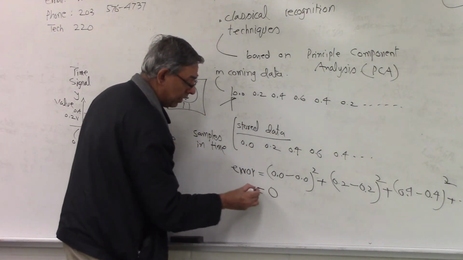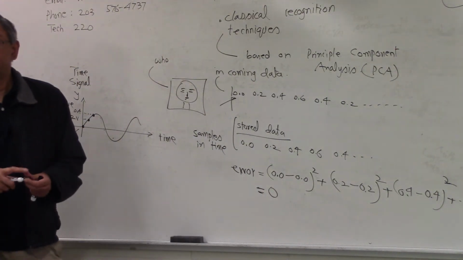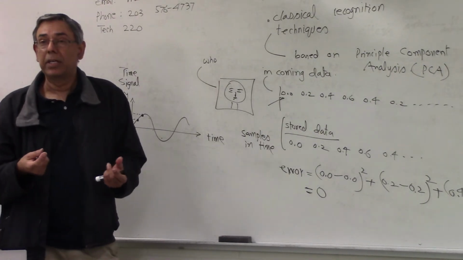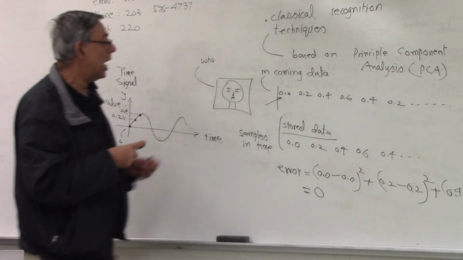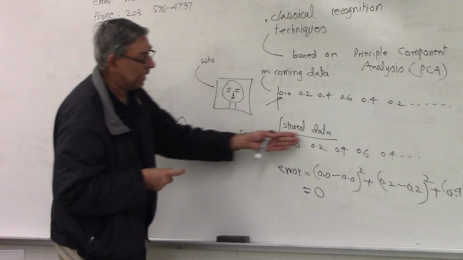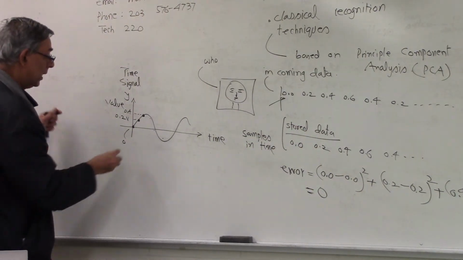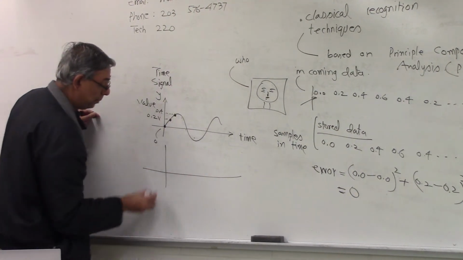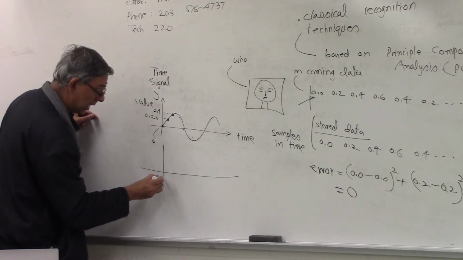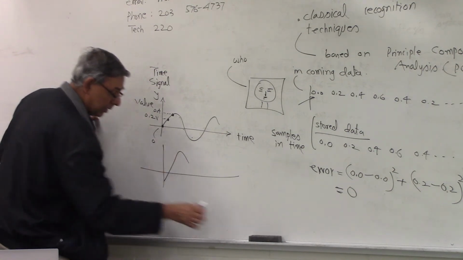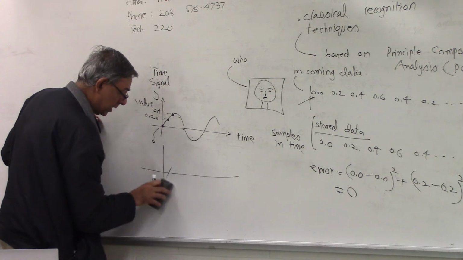0, right? So if the error is 0, what does that mean? It's a sine wave. Okay. Now what will happen? Our stored data is like this, but the incoming data happens to be a little bit shifted in time. So it's still a sine wave.